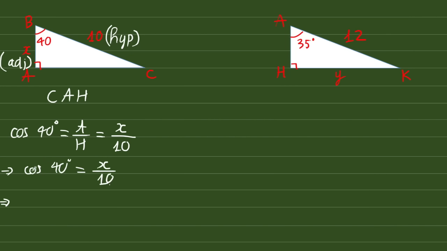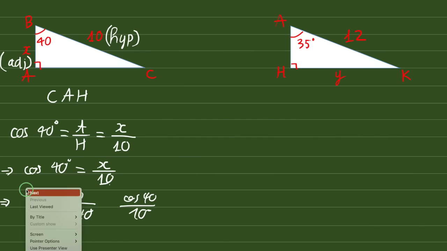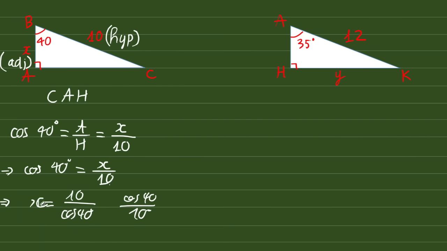A lot of my students make a mistake on this one. They will write x is 10 over cos 40, or cos 40 over 10. Both of these answers are wrong. So how can you determine which operation to choose for the value of x? Look at this. On the left-hand side you have cos 40 degrees.